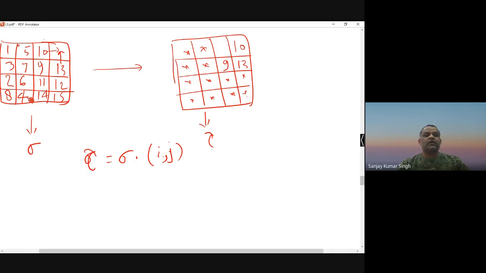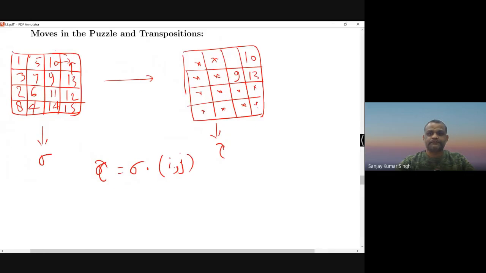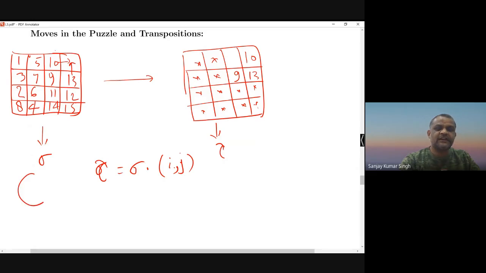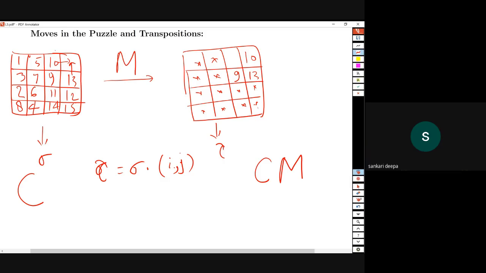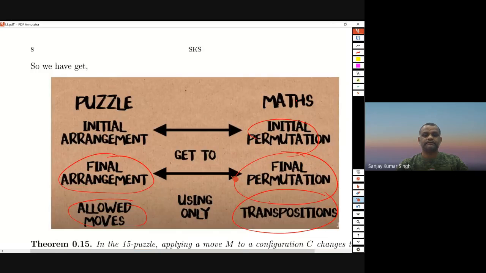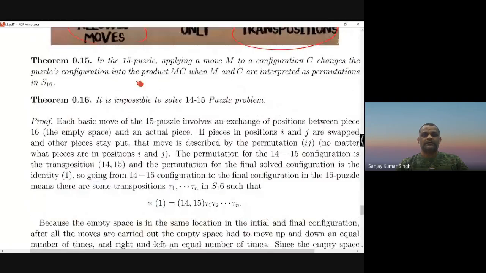So I'm calling this, suppose this is a configuration C, I'm fixing this C. This configuration is C. And now I'm making a move, and a new configuration I'm calling C. So now come back to the theorem again.